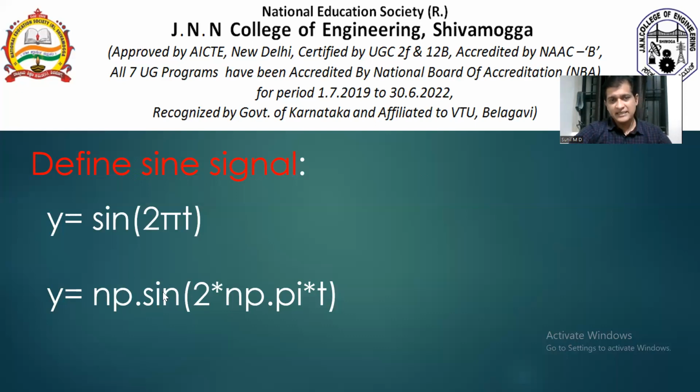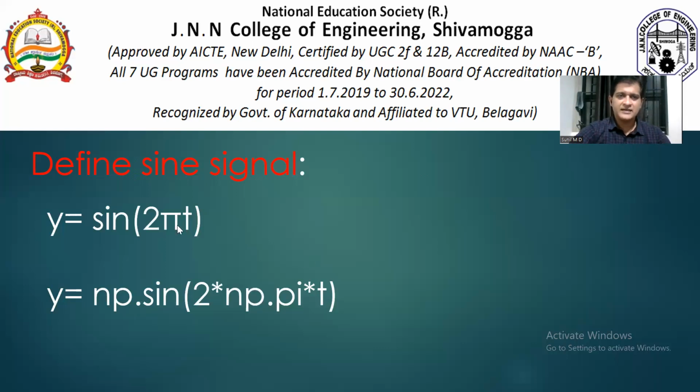So sine should follow np dot, and the same is applicable for pi also. Pi should also follow np dot. Both the sinusoidal function and pi are being imported from the NumPy library. That's why we need to say np dot before we use them.